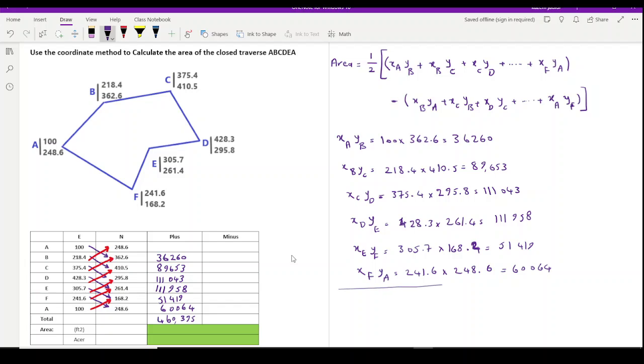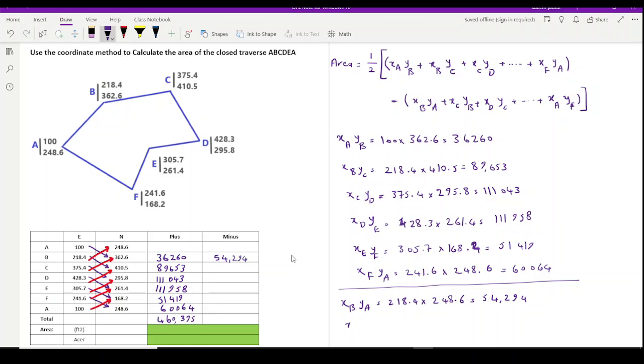I'm just writing two of them, and then I will just fill the table. So xb times ya, and that's equal to 218.4 times 248.6. That's equal to 54294. So I write it in front of it here.